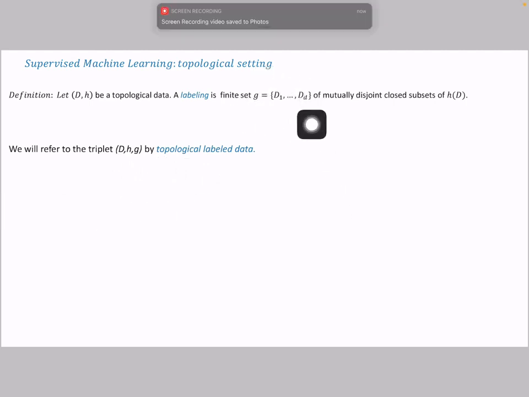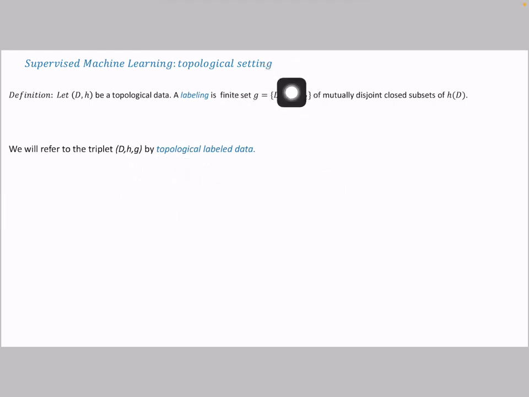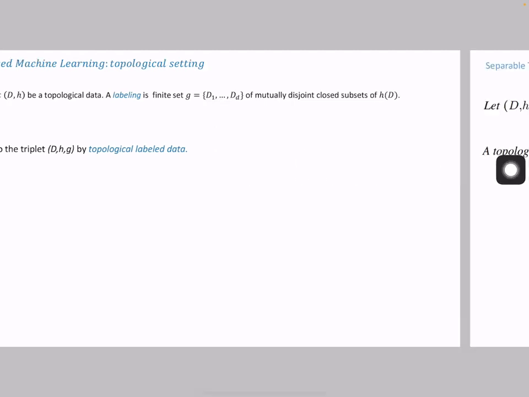Note that the existence of the labeling is equivalent to finding a function from the union of these sets to a discrete set that consists of the indices from 1 to d. This function basically determines this partition of the union of all those sets. I will use either one of these definitions in the next slides.